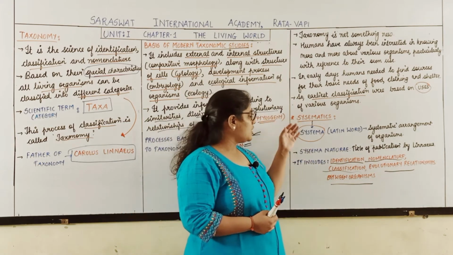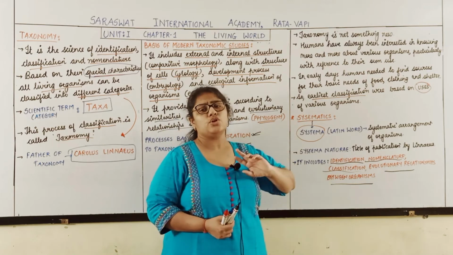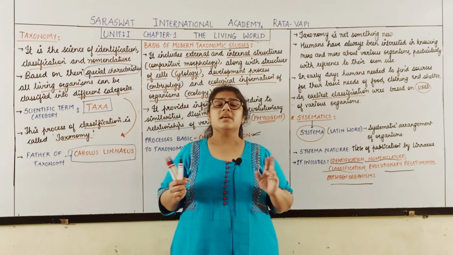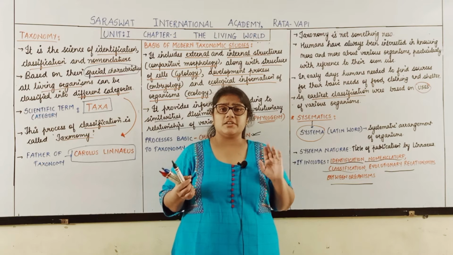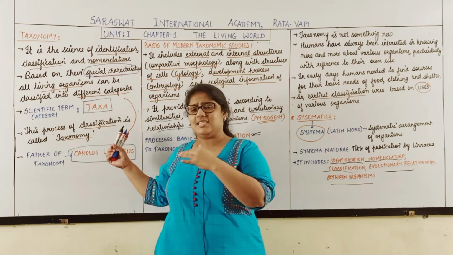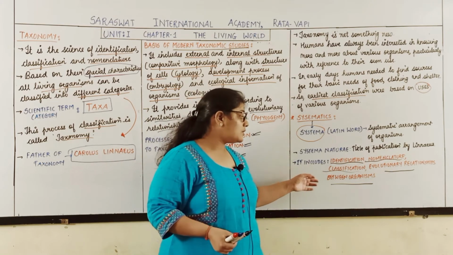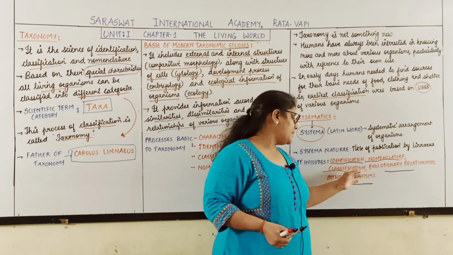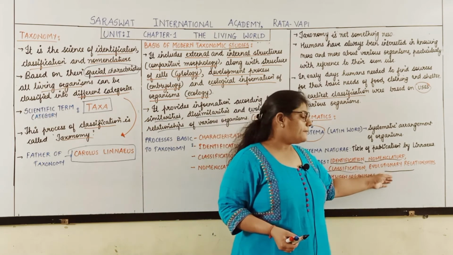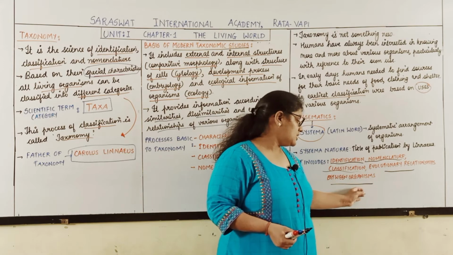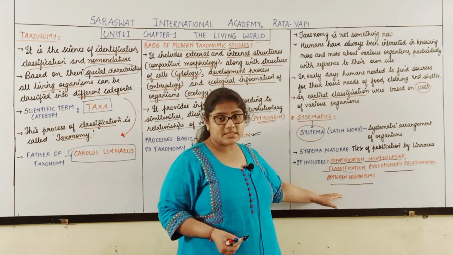Now students, what does systematics include? I told you systematics and taxonomy are words which are used interchangeably. Like taxonomy, it also includes identification, nomenclature, classification and evolutionary relationships between the organisms.